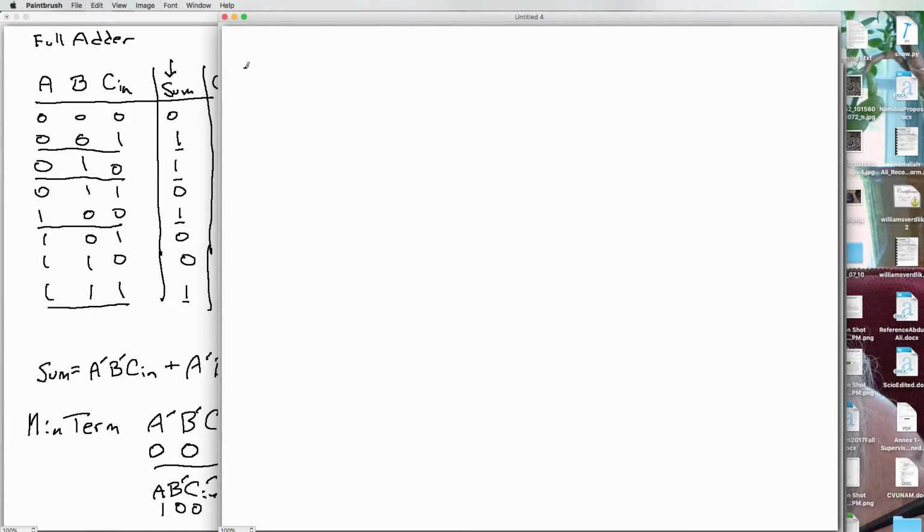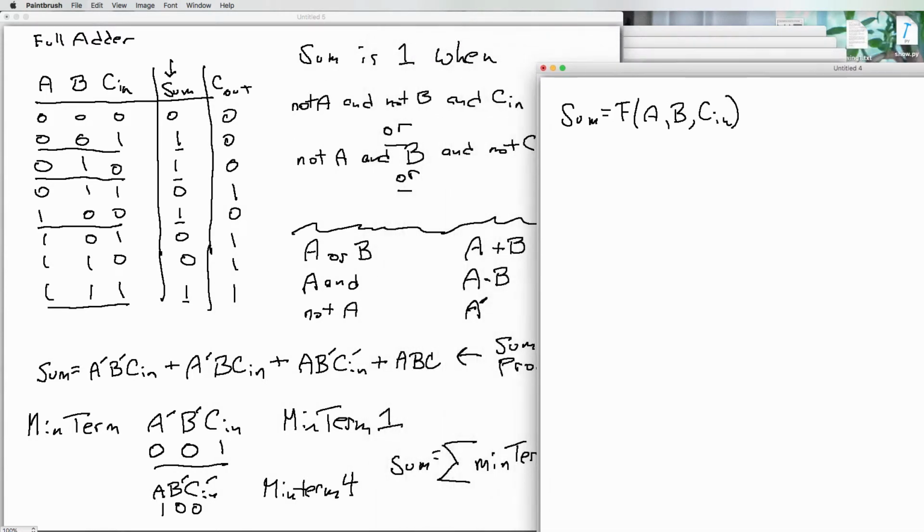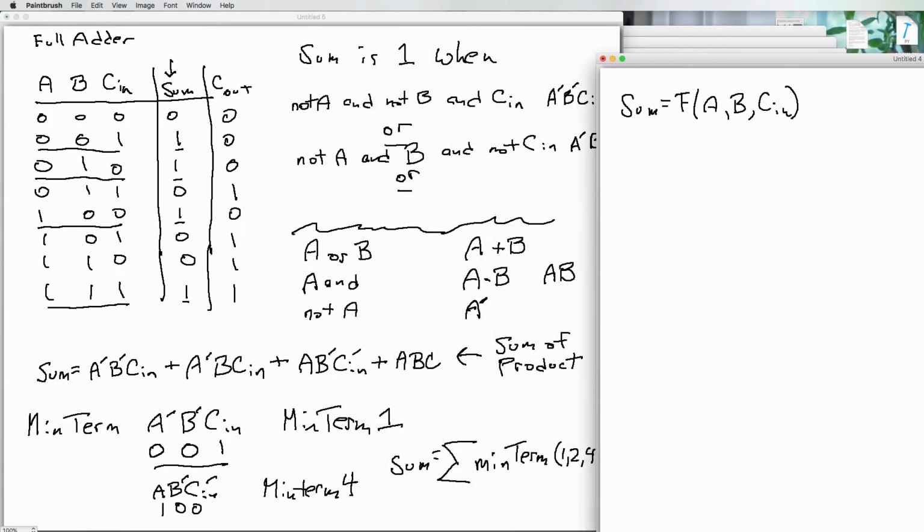First of all, sum is a function of 3 inputs, A, B, and C in. And down here, we came up with this sum of product.